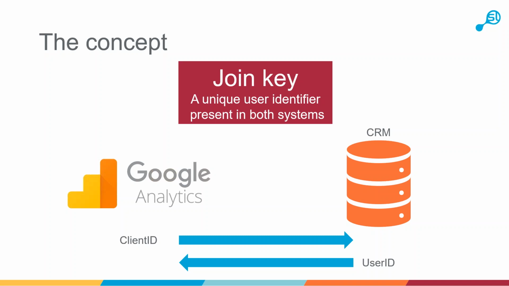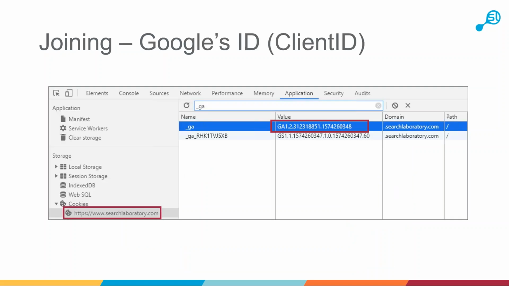Again, we would have a user identification number or ID in both of these systems, so we can join that and measure later on. I'll talk about each of these two methods in a bit more detail now.